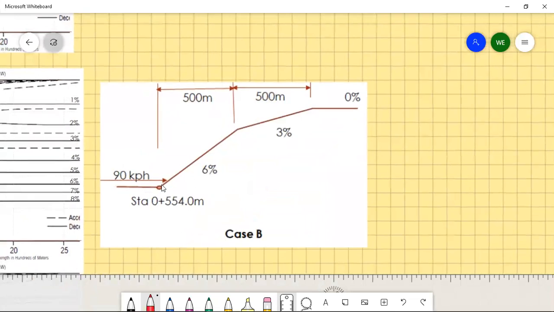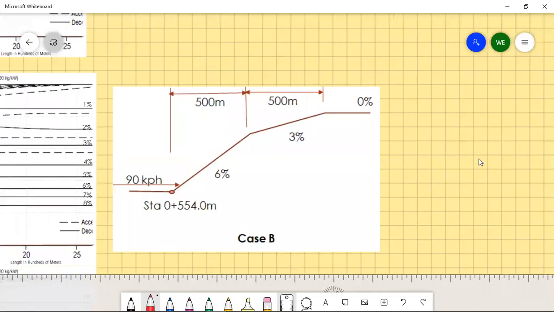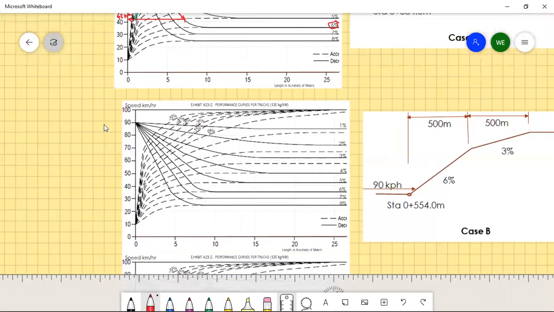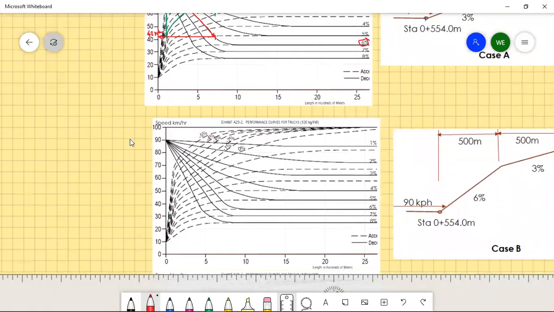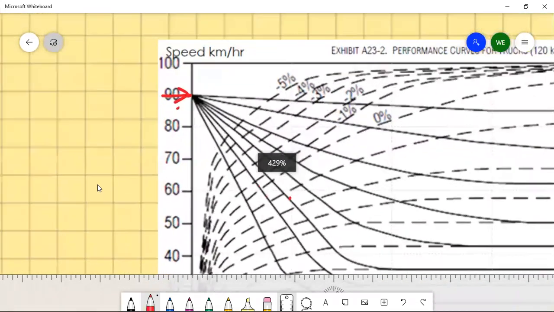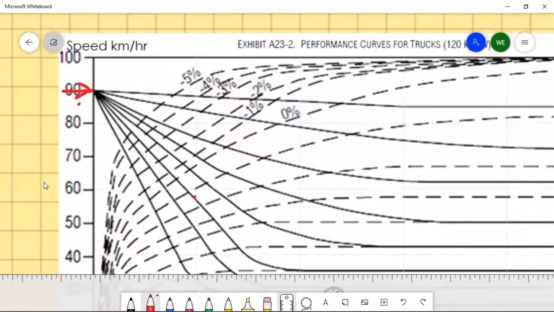The case of starting with the sharp grade, the steep grade, 6%, then the 3%. So we are going to start here with 90 kilometers per hour, and we will follow this chart. It's going to keep going until it hits here.